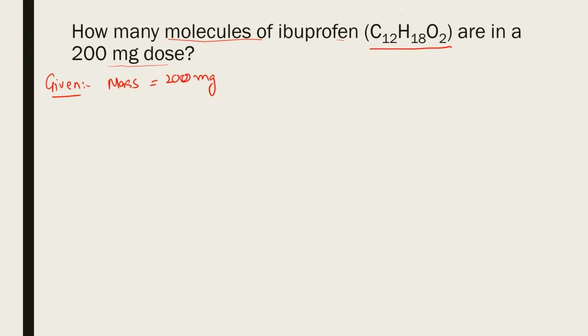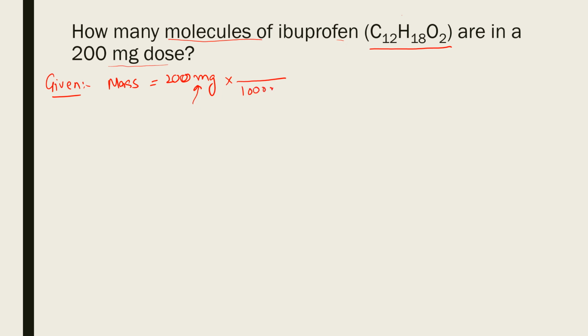And remember, in molar mass, all the masses are given in grams, but in this case we are given milligrams. So it's a good idea to convert milligrams to grams immediately. So I'm going to do that. In order to convert milligrams to grams, we have already done these kinds of problems many times. So we know 1 gram equals 1000 milligrams.